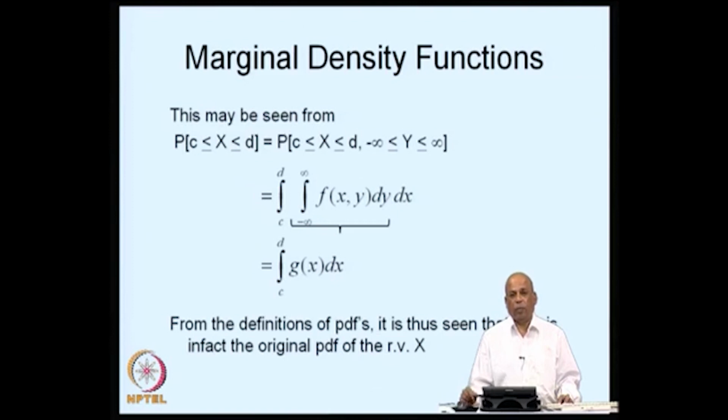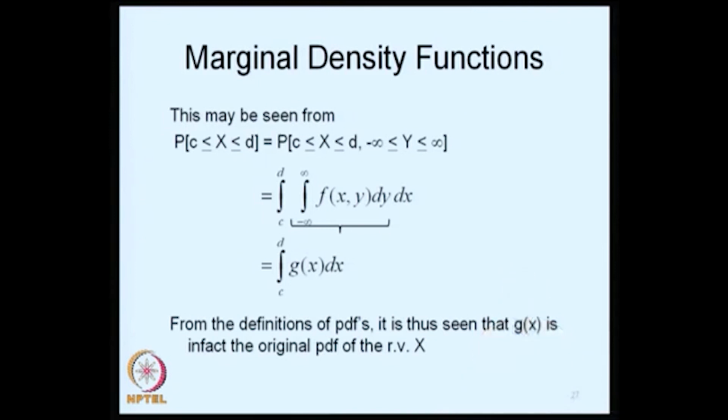That means we are talking about the probability of x taking on certain values irrespective of where y lies. That is given by first integrating f of x y dy over y from minus infinity to plus infinity, and then integrating with respect to x for the probability that x lies between c and d.